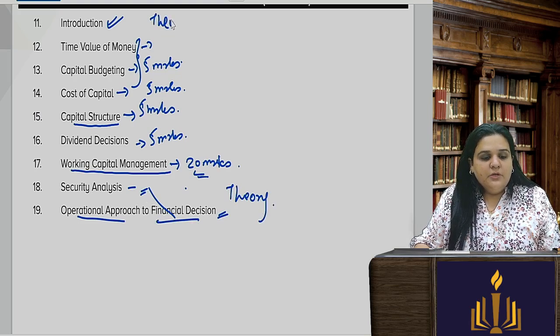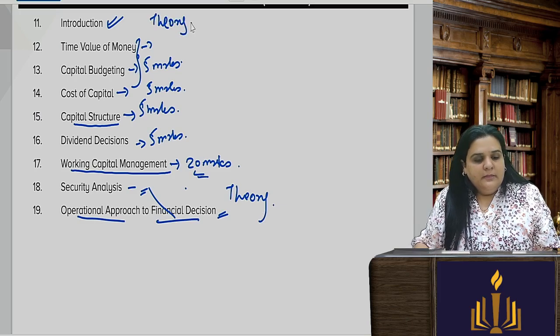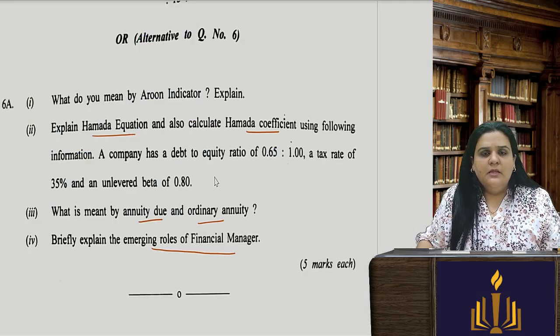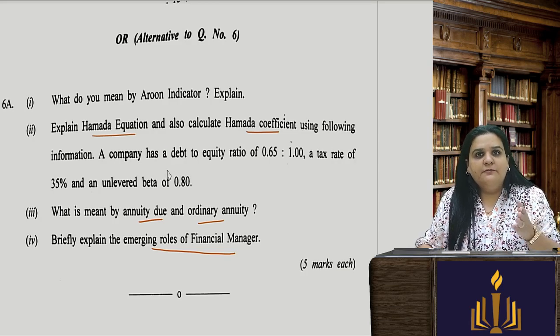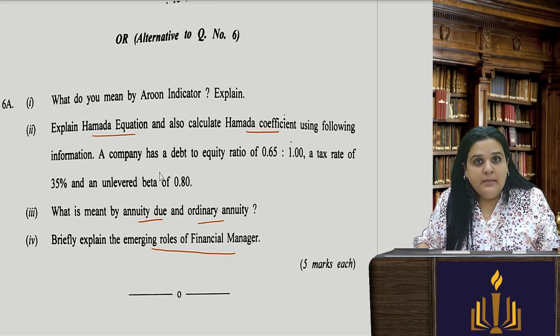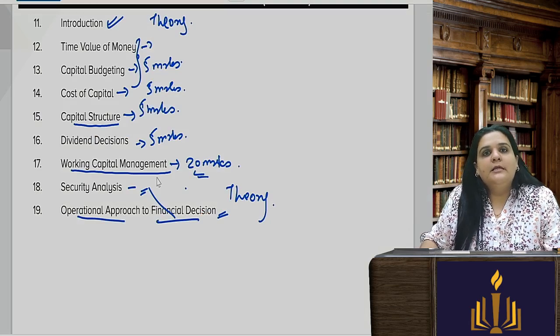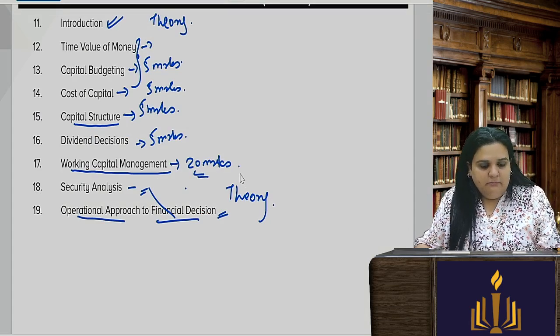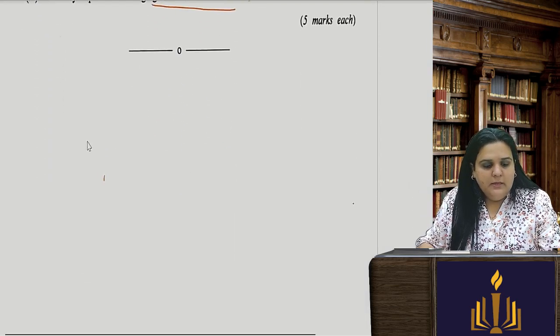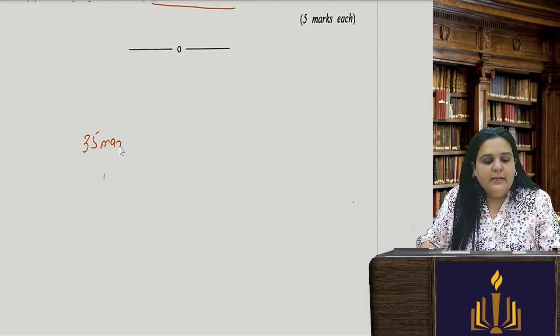So if you see, there is theory in each section. 5 marks each, so 20 marks of theory in part B and 15 marks of theory in part A. So a good 35 marks of the entire paper was in the form of theory, and 65 marks was in the form of practicals.